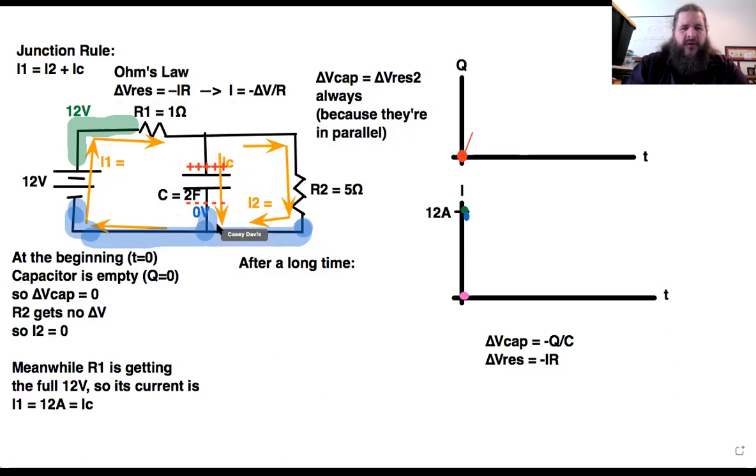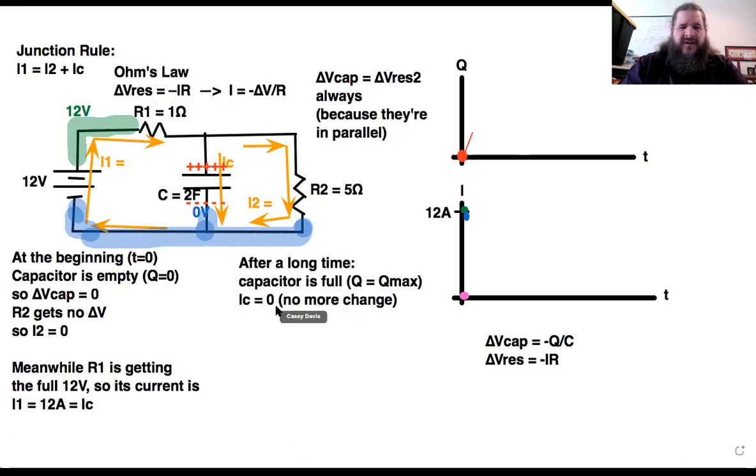Because if there is current flowing, then it's not full yet. It's still in the process of filling up. If the capacitor eventually approaches some maximum charge, that means the current flowing through it is going to eventually be 0. So we should expect after a long time, capacitor is full, Q equals some Q max, and the current through the capacitor is 0.